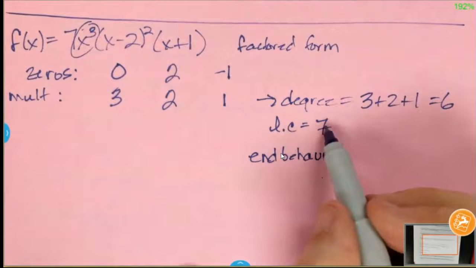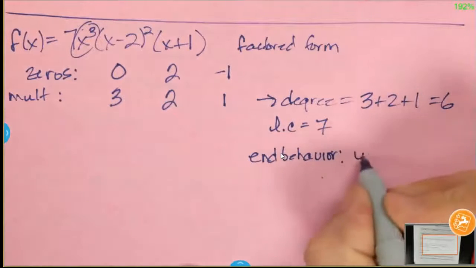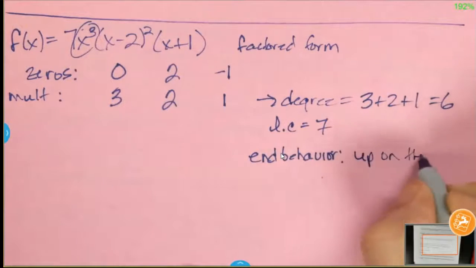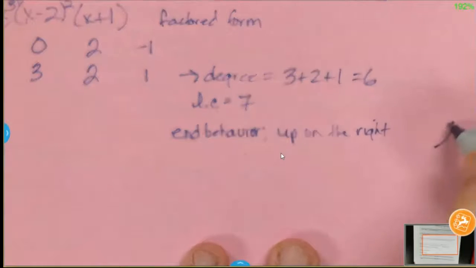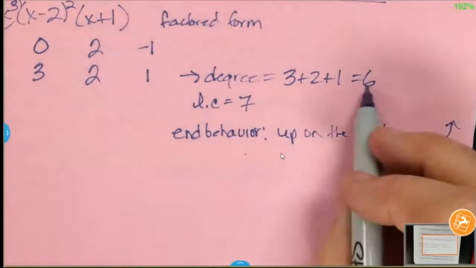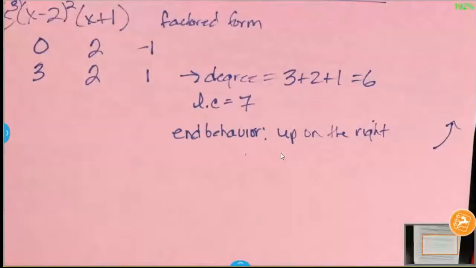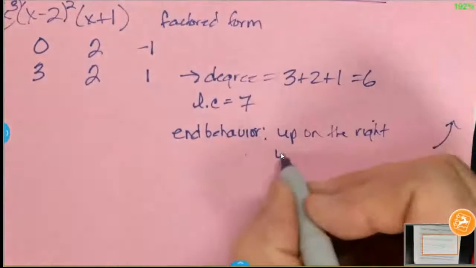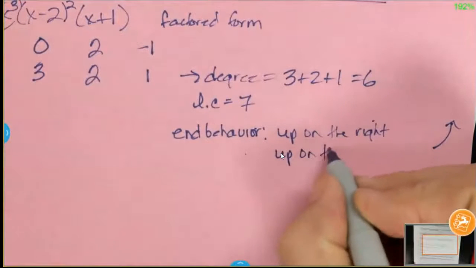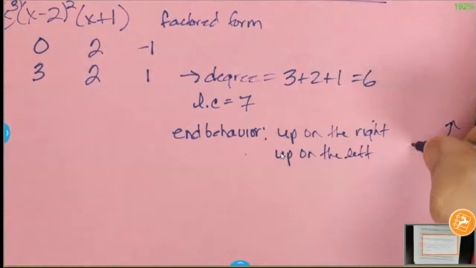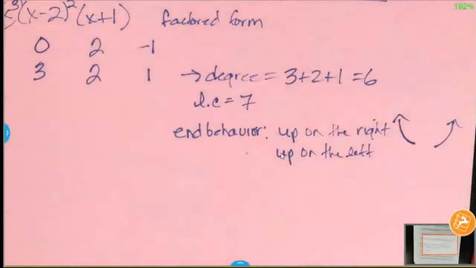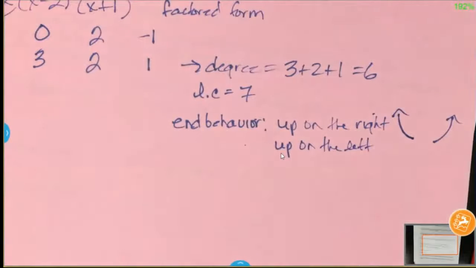This time, since our leading coefficient is positive, that means our graph is going to go up on the right. And then since the degree is even, that means it's going to do the same thing on the left end that it does on the right end. So it's also going to go up on the left. This one has kind of the smiley face graph.